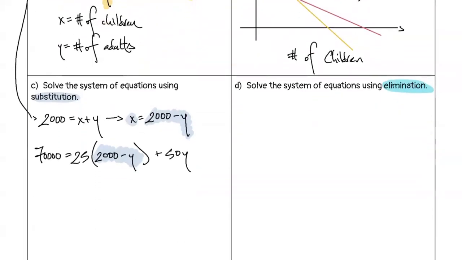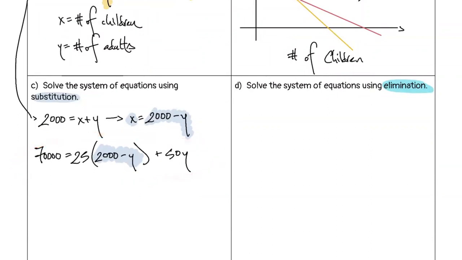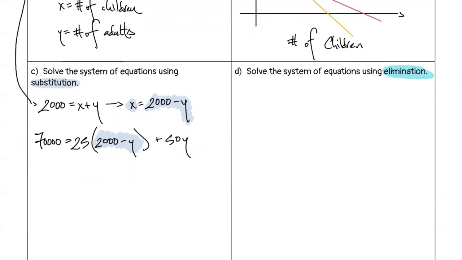Now, what's the benefit of doing this? Like at this point, we should be like, yay, I'm in a good place to solve this problem. But why? Because we can solve for just y. We've eliminated at least one variable. Exactly. We have one equation and one thing that we don't know, right?